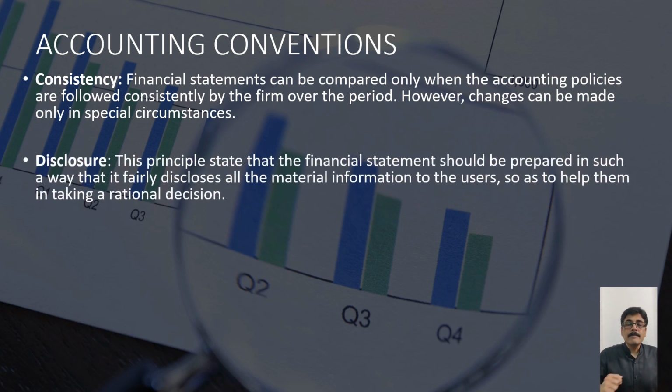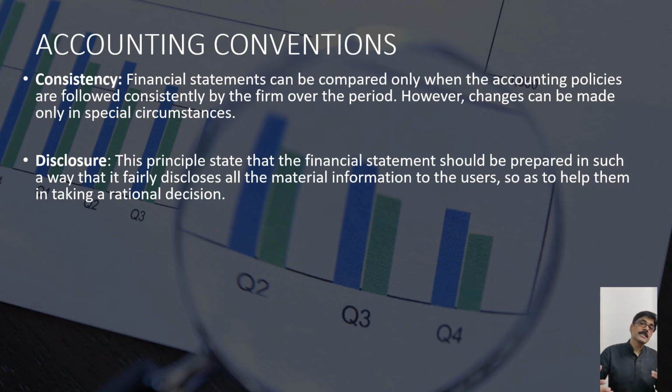Disclosure says that any material transaction is required to be shown in the financial statement. So what is material? Material is a concept which changes from business to business. Let's say a business earns rupees 1 crore and it has an expense of about rupees 5 lakh.